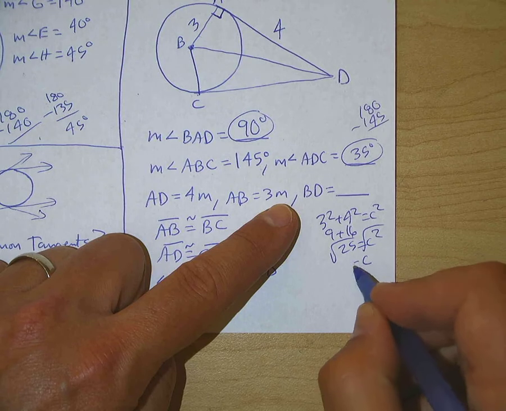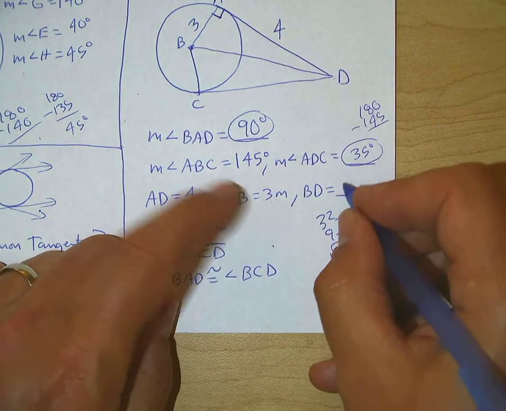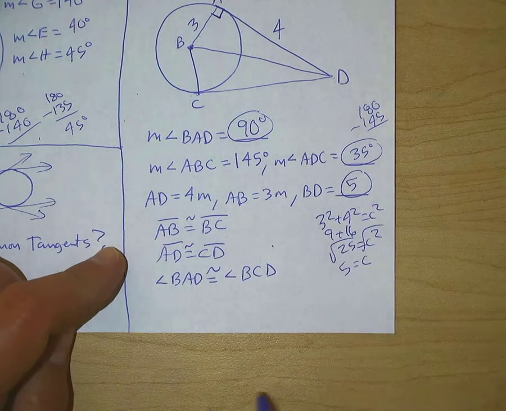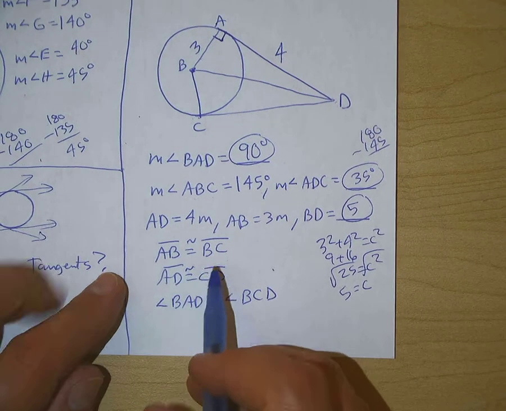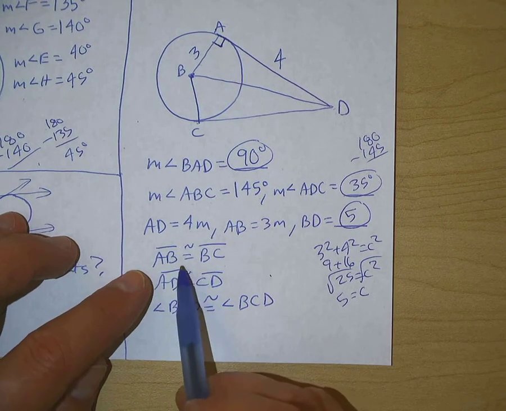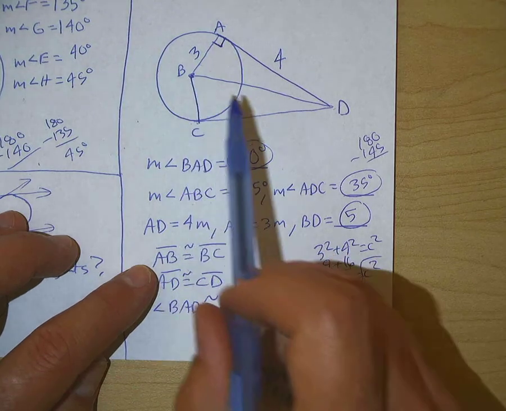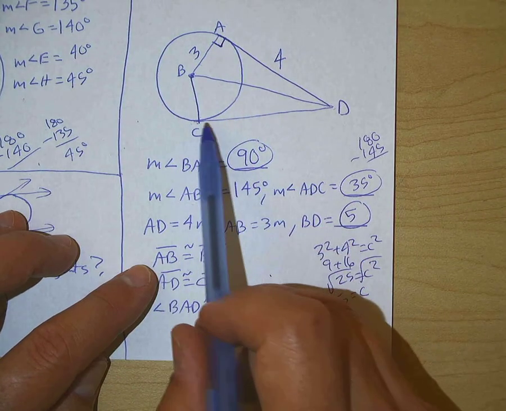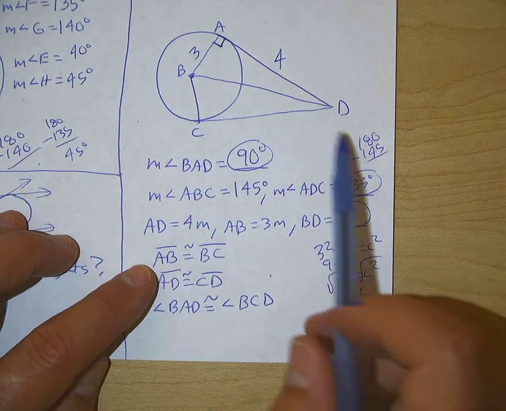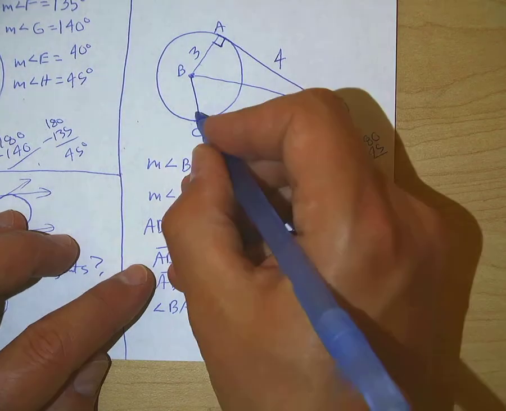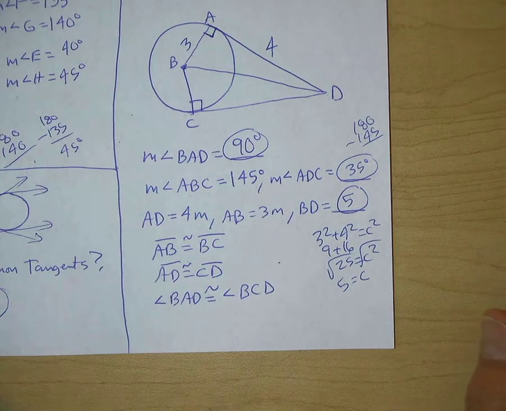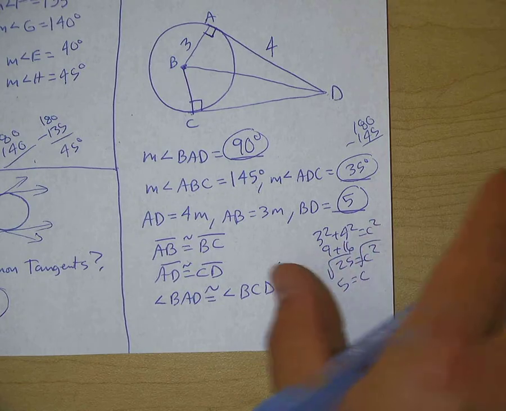So BD, this length, is going to be 5. All right, just a couple other things you want to know because they're going to ask you some questions about this. You know that the two radii are congruent, the two tangent segments are congruent, these two angles are both 90 degrees and congruent, so things that you need to know. Okay, let's keep rolling on.